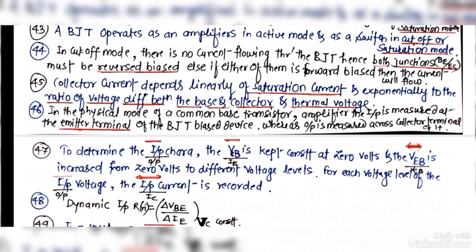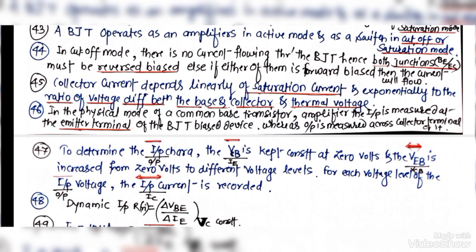In cutoff mode, there is no current flowing through the BJT, hence both junctions BE and CE must be reverse biased, else if either of them is forward biased, then the current will flow.